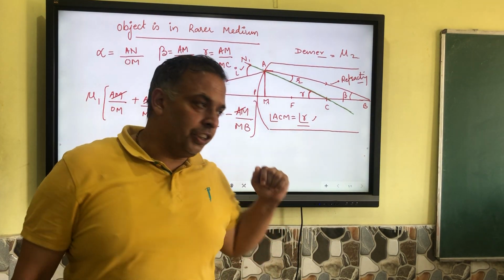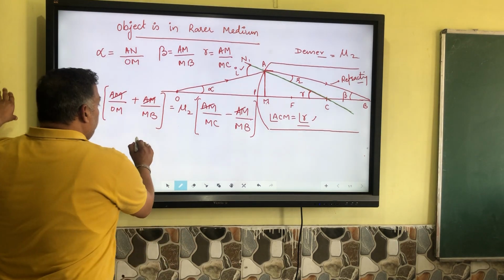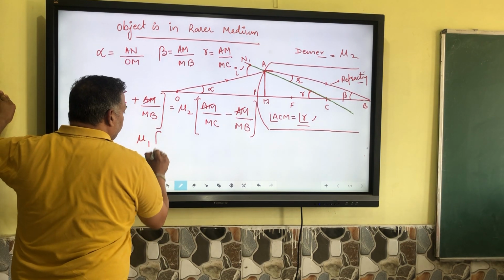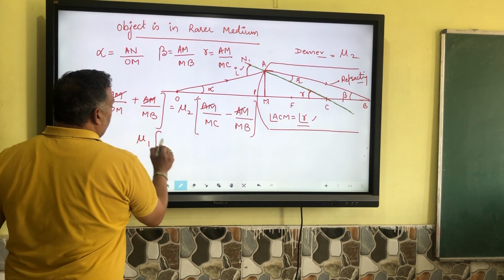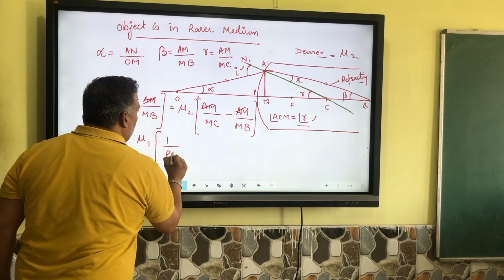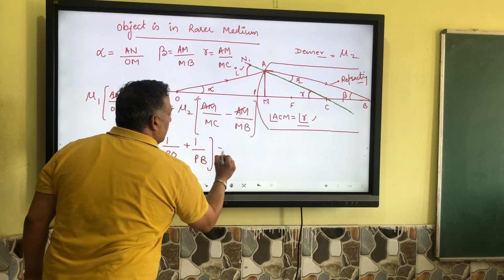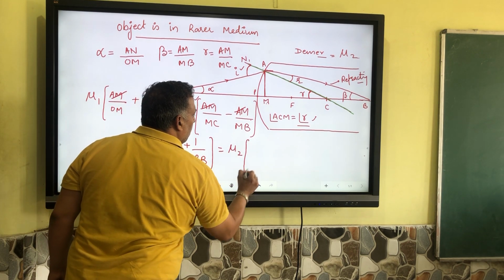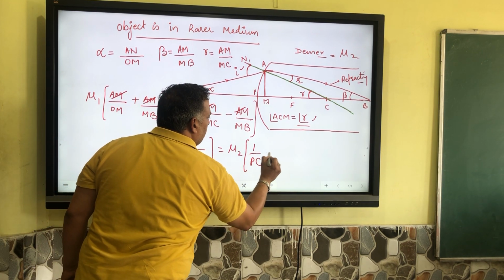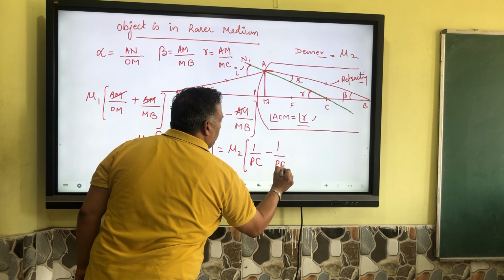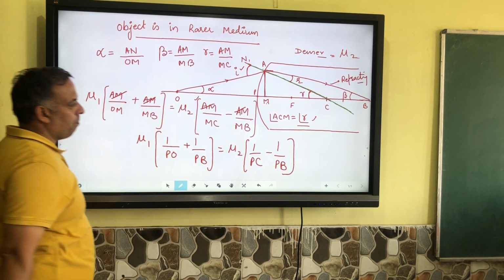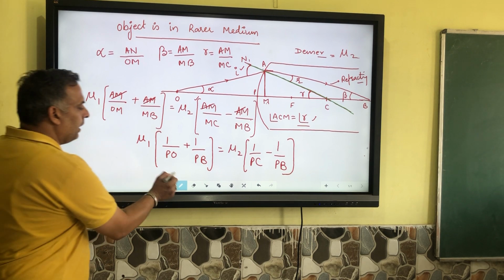This is the consideration here. So mu1 into 1 upon PO plus 1 upon PB is equal to mu2 into 1 upon PC minus 1 upon PB. This is the equation which becomes.